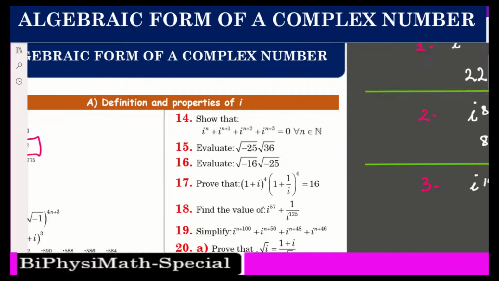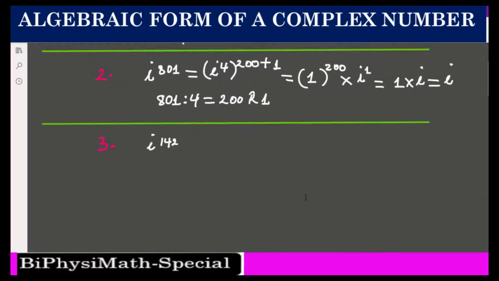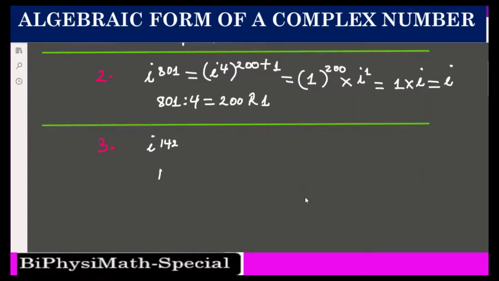The first step is to divide this exponent by 4. You get 35, remainder 2.